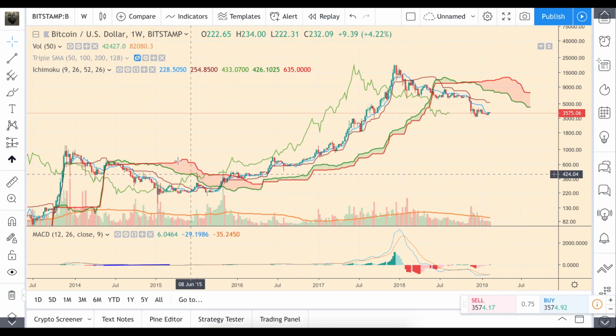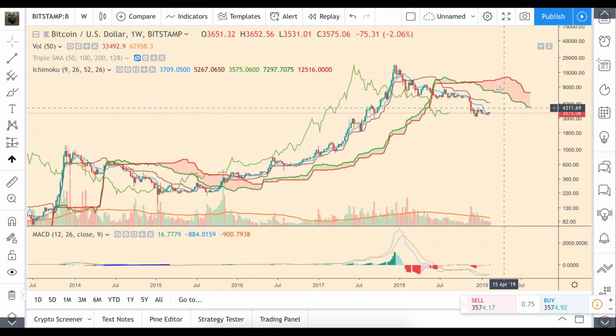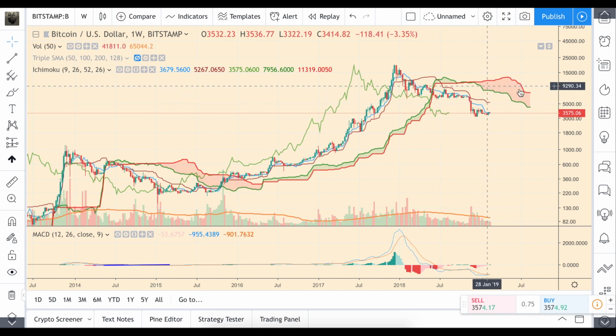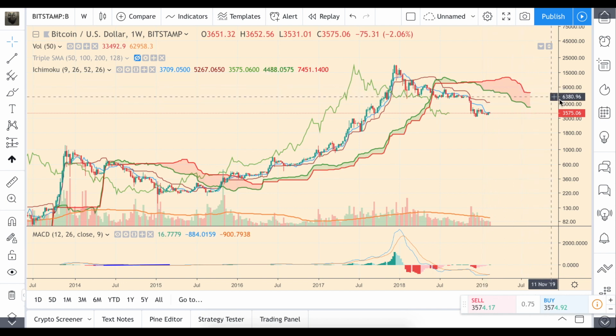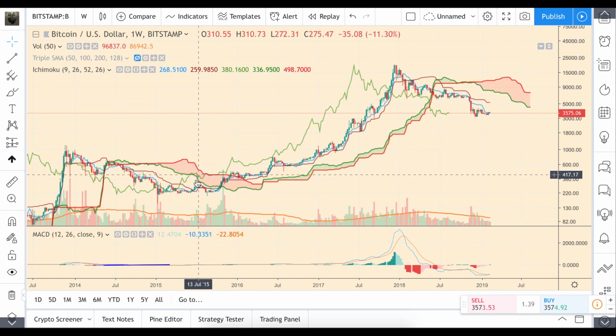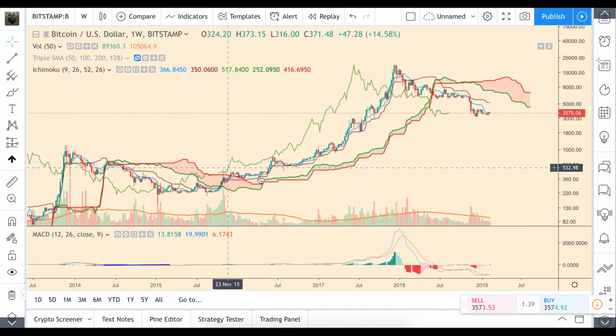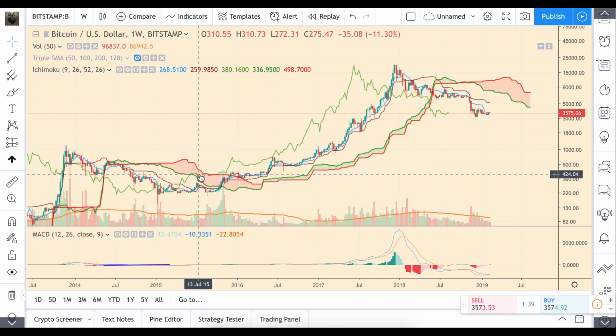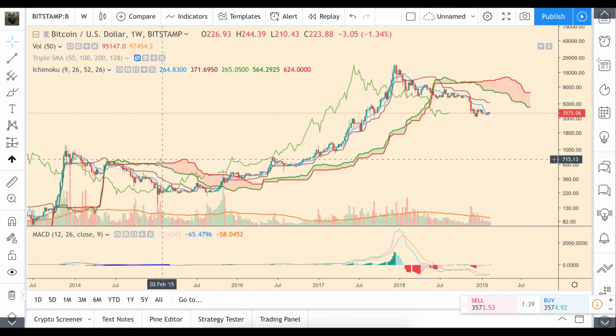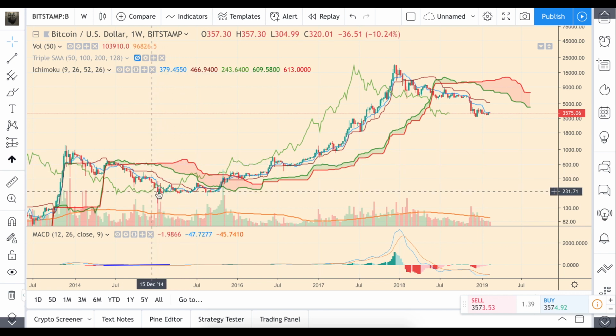In principle, you would look at this cloud and compare it to this cloud. It's pretty similar in shape, just not finished yet. This is a narrow area, and here is a narrow area as well. Then you would think that it may continue the same way as this one, and if you backtrack this, you would think that somewhere around here, at the beginning of the red cloud, there must be the bottom.